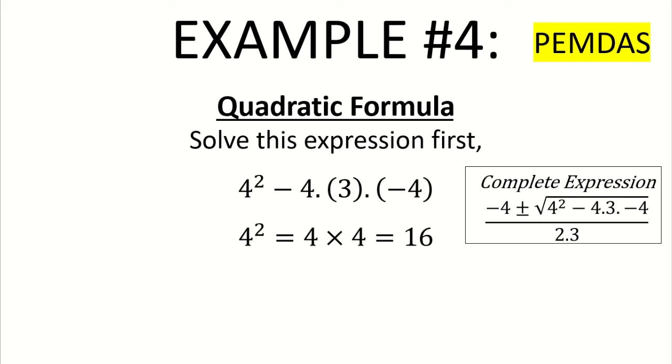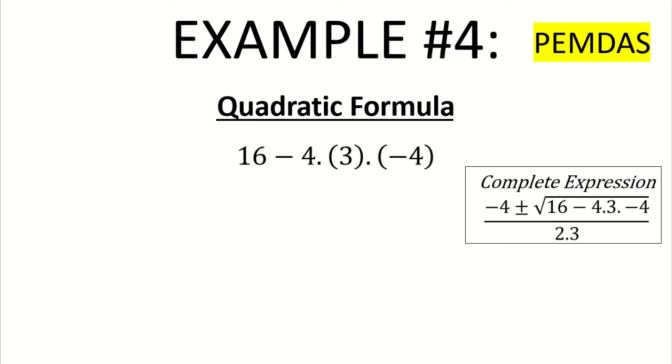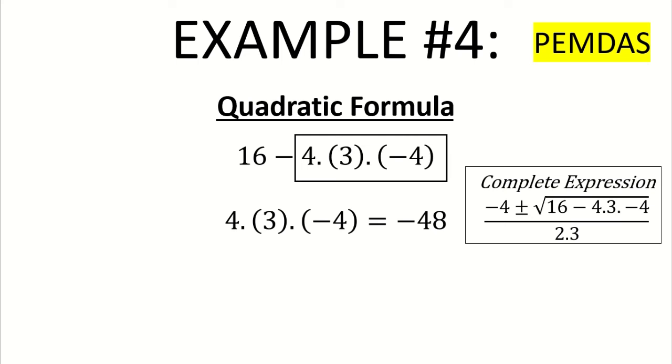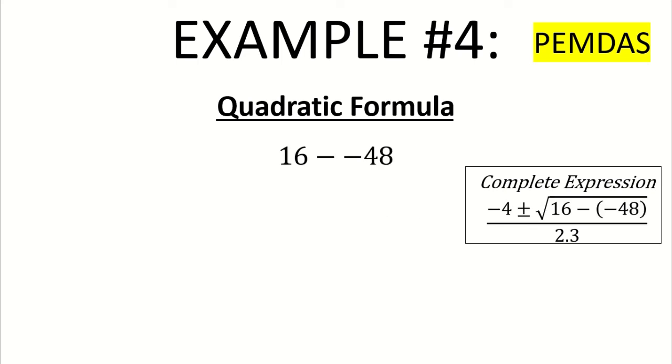Well, we will solve the multiplication before calculating the difference, since multiplication comes way before subtraction in the operations priority list. So 4 times 3 times negative 4 is equal to negative 48. Now what we have to solve is 16 minus negative 48. Since minus and minus equals plus, 16 plus 48 gives 64.